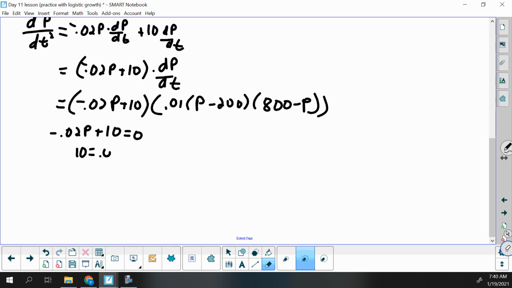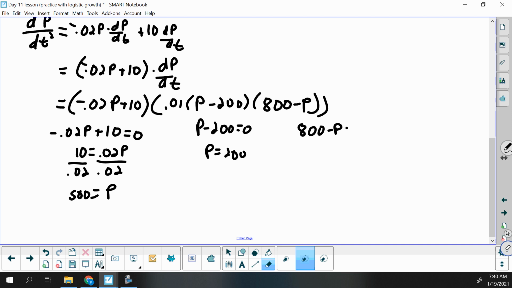If we add the 0.02p over and divide by 0.02, that's really 2 over 100 or 1 over 50. So if you do keep change flip with 1 over 50, we'll get 500 for p. Here, if we do p minus 200 equals 0, we'll get p equals 200.